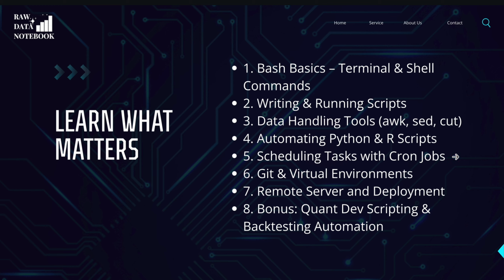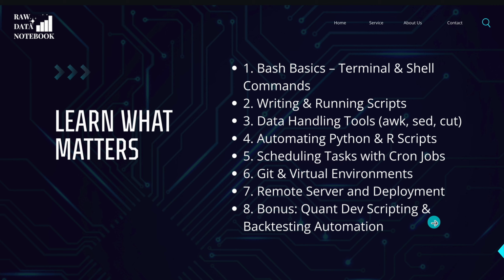Then we will learn how to schedule tasks using cron jobs, and it will help you automate your task on time-based triggers. After this, we will be learning about Git and virtual environments, where we track changes and manage project dependencies. Later, we will learn how to work like a backend engineer, where we deploy your scripts and models.